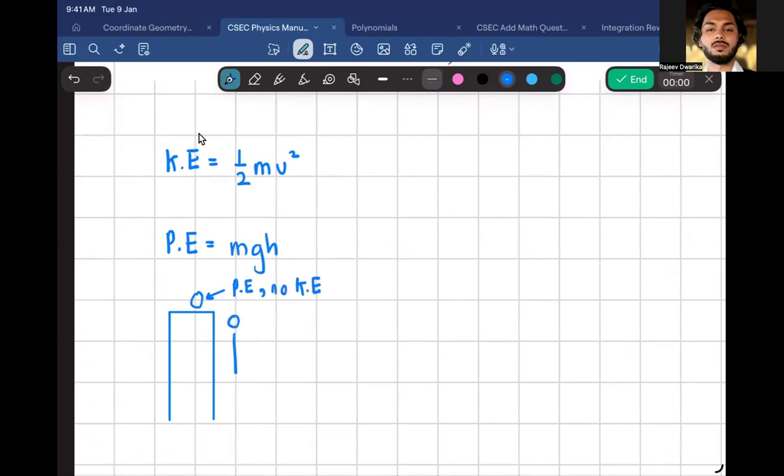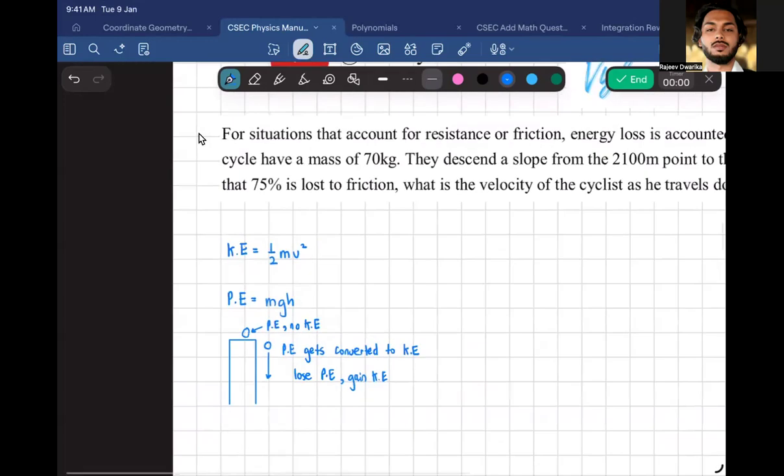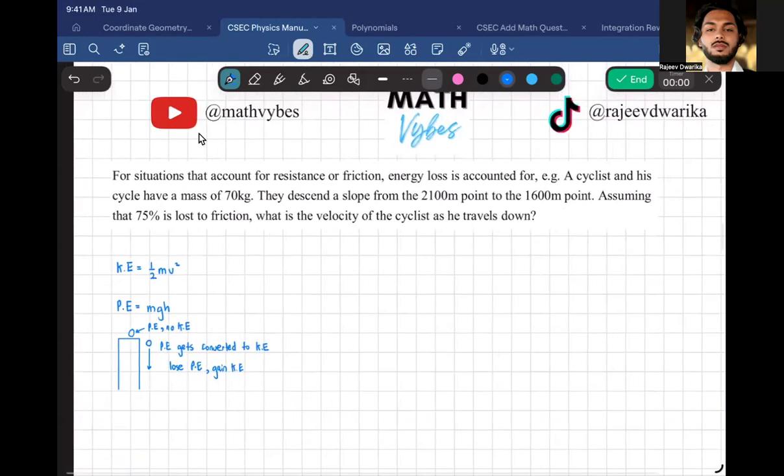But when the ball starts to fall, the potential energy gets converted to kinetic energy. So you will lose potential energy and you will gain kinetic energy. So we understand that. Yes, sir.